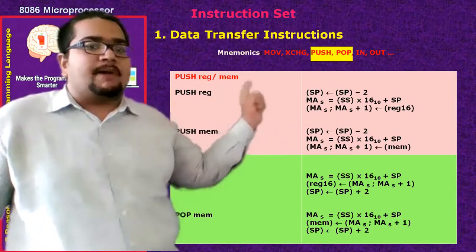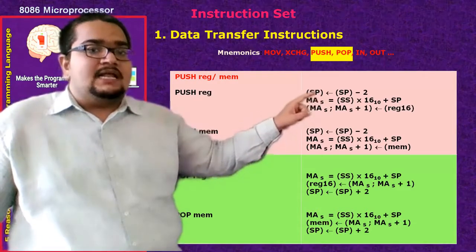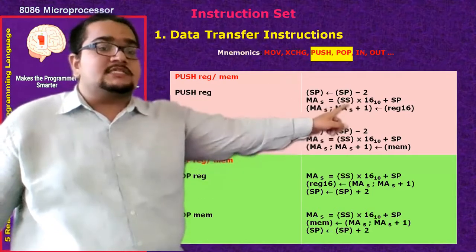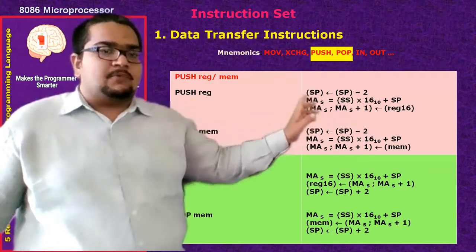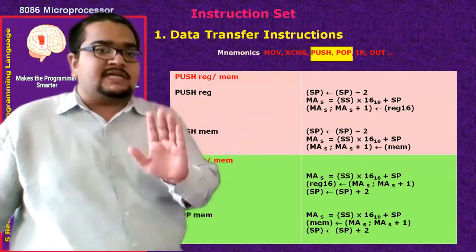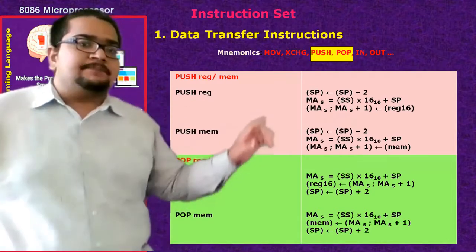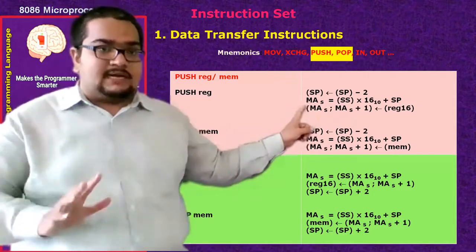So when I am moving 2 bytes into the stack, after saving those 2 bytes, the SP has to point to a new location. For that purpose, it subtracts 2 from the previous value of SP. Suppose SP is currently 10 decimal. We'll work with decimal numbers so that our understanding becomes easier. So SP is pointing to location number 10 currently.